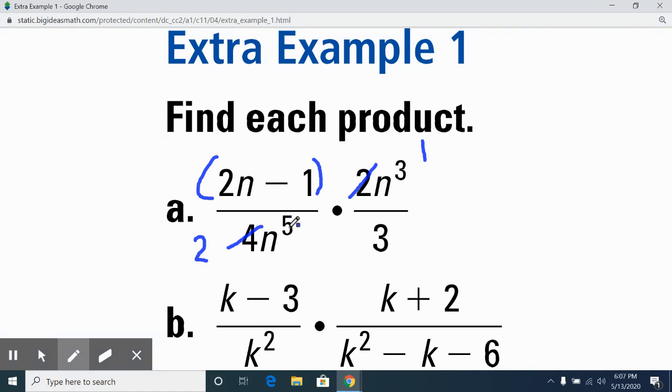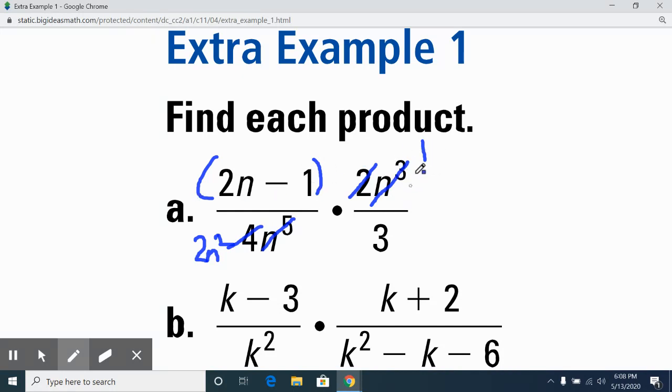There's 5 of them as opposed to 3 of them. So this n to the 3rd I'm getting rid of completely, and this n to the 5th I'm changing to n to the 2nd because that's how many more there were on the bottom. Now that I've tried to factor and I've simplified, now I can multiply across.